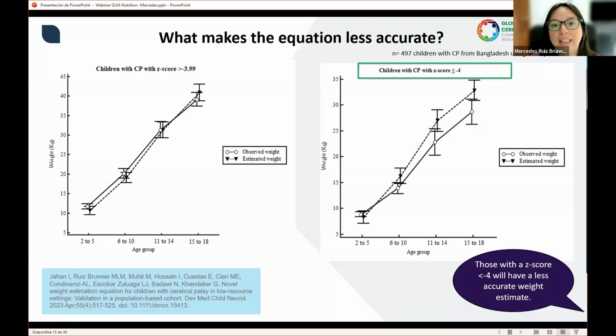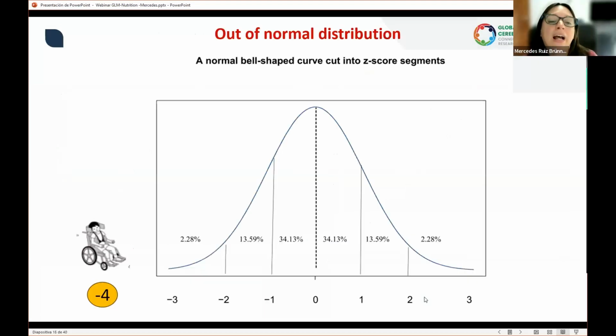And we should know that the precision of the equation is less. And why does this happen? Because when we see the normal bell-shaped curve cut into z-scores, we can see that most of the children should be between -2 and 2, and the value -4 is far away from the normal distribution.